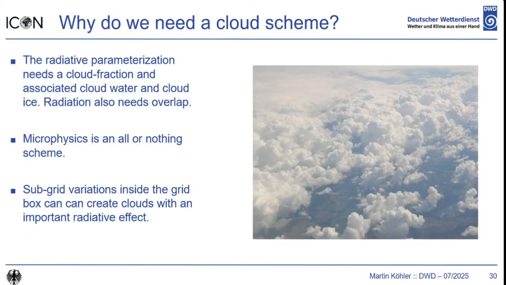And even if you go to a higher resolution, you need some description of the smaller scales. And already in the picture, you can see with the eye that solar radiation seems to be a big issue because our eye can see all these differences. And the mean will not give you the same radiation.